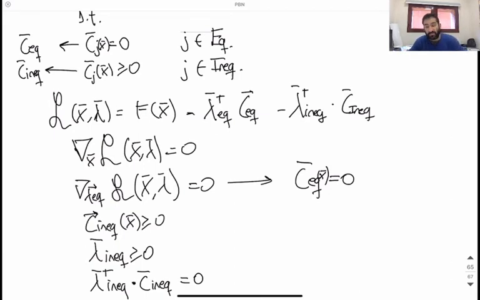But if my inequality is inactive, so we are within the valid domain but not hitting the boundary, then lambda inequality must be equal to 0. And when lambda inequality is equal to 0, we are in the type of problems we were seeing for constraint optimization. When the lambda values get active or inactive, that's a problem we need to figure out, because there is a sequence of active and inactive arcs, and that might be problematic.